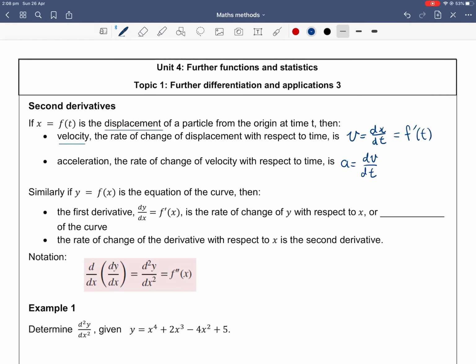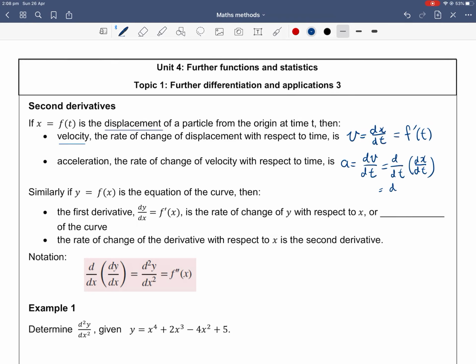But if velocity is the rate of change of displacement and acceleration is the rate of change of velocity, then technically acceleration is the rate of change of the rate of change of displacement, which is your second derivative. In terms of notation, acceleration is dv/dt because it's the rate of change of velocity with respect to time, but velocity is the derivative of displacement with respect to time. So you differentiate that again.